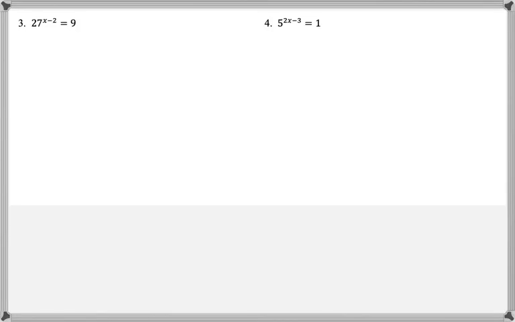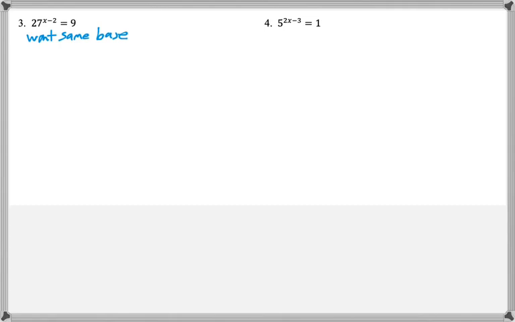On question 3, my first step is to get the same base. So both 27 and 9 I can express as 3 raised to some power.